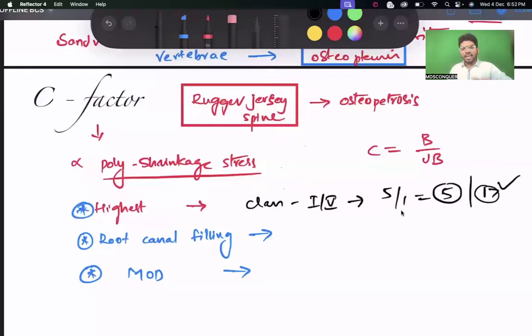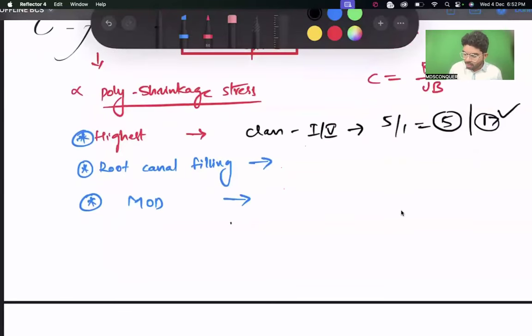And everything next, C factors and everything, I hope you can calculate. That's not an issue. So the simple way is 1, 2, 3, 4, 5 is 5, 4, 3, 2.